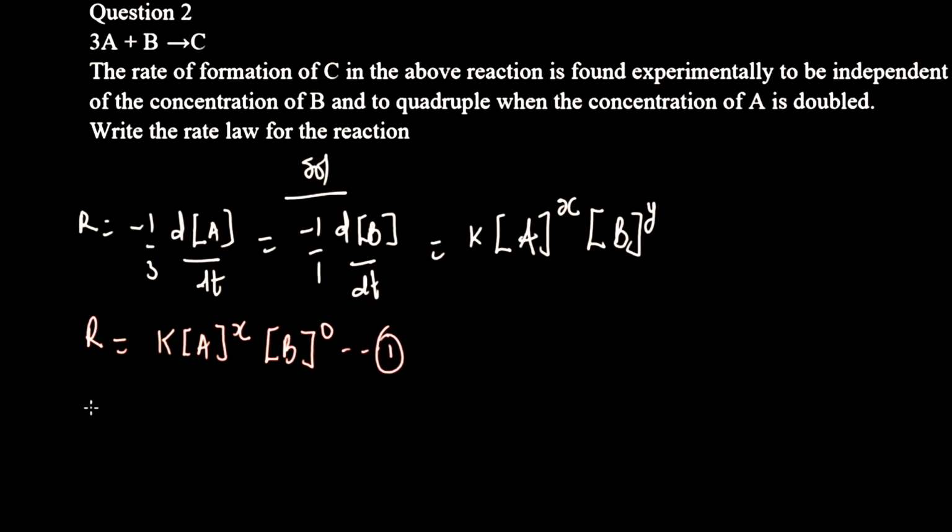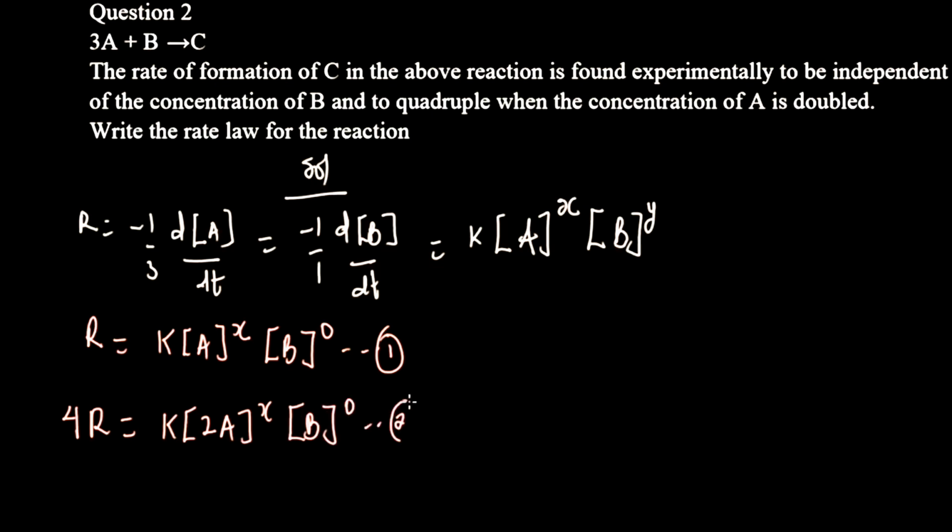The second expression says that the rate of the reaction quadrupled, that is, it increased by 4 when the concentration of A is doubled. So when the concentration of A is doubled, the rate of the reaction increased by a factor of 4, and B is still constant.